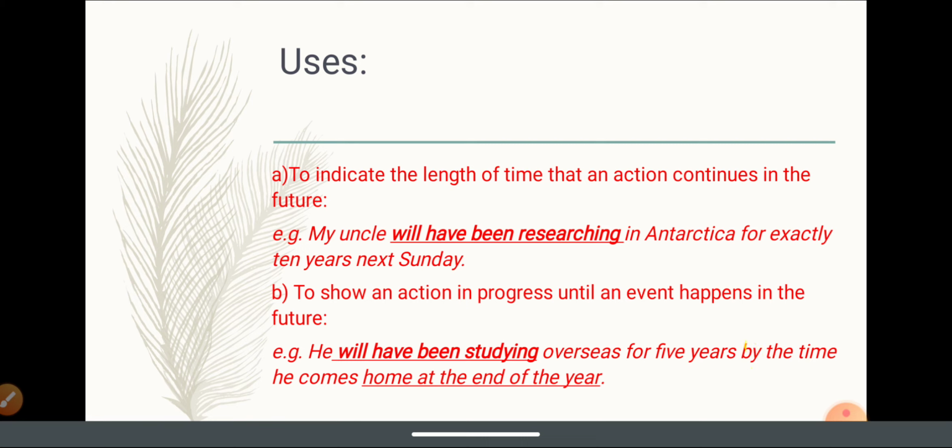So till his coming back, that time will be 5 years, and during that time he will have been studying overseas. So when he comes at the end of the year, 5 years of his studies overseas would be completed.